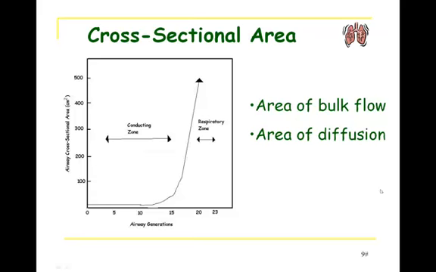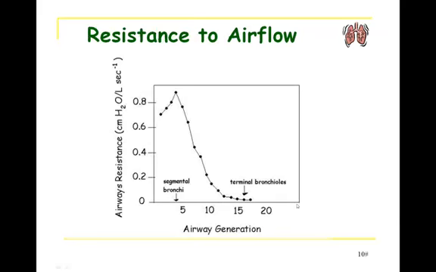But I want to show you something. If you look at here, showing you the airway generations and resistance, you'll notice that most of the resistance to airflow is right up here, which is about where you have your medium-sized bronchi. So you would think that as the size of the airways got smaller and smaller, resistance should be higher.